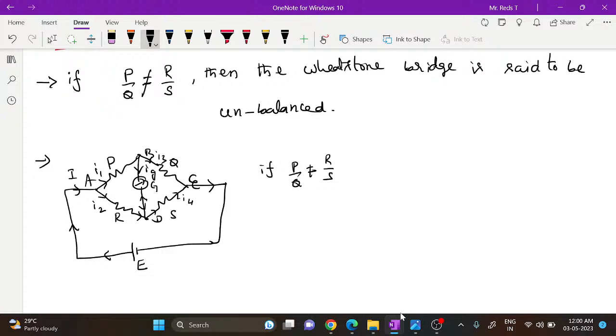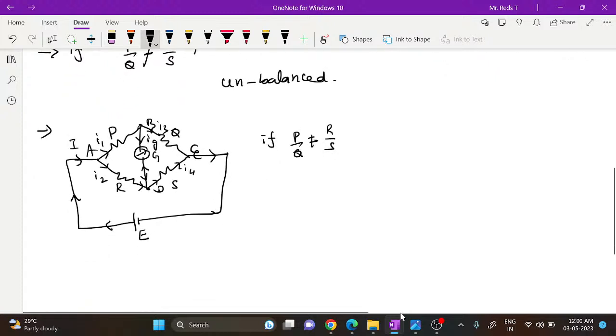Now your main heading should be: to find the direction of current. Same circuit again you have to draw.